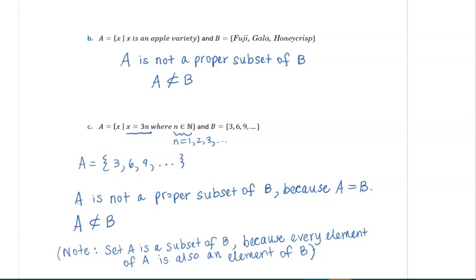So again, A is a subset of B, but A is not a proper subset of B. This concludes example 3.